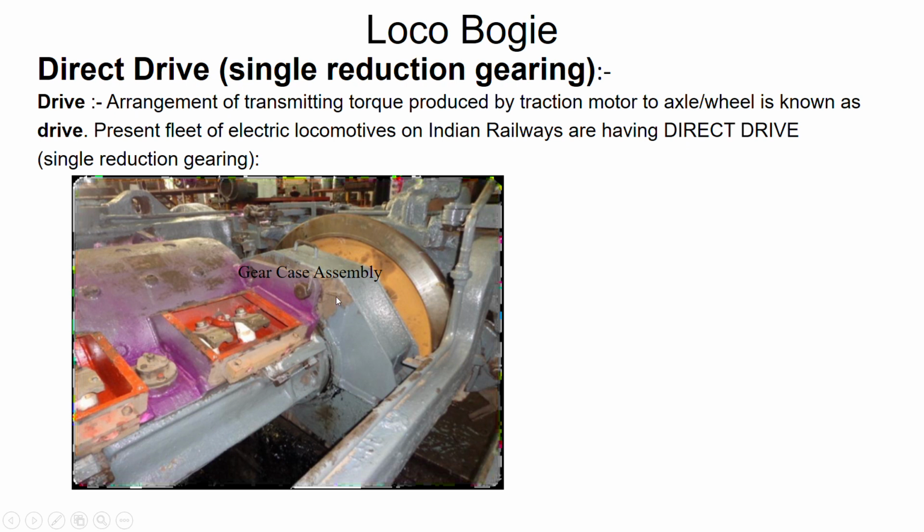Now you see the motor is supported by the axle. So on the axle, the motor is hung. Here you see the gear case assembly. In this, the gear is present.